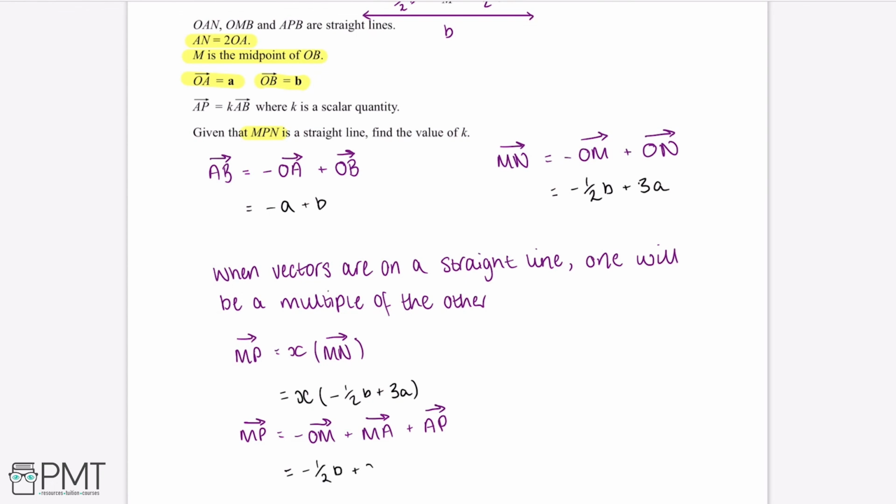Then MA is equal to a, and then AP is equal to k multiplied by AB. However, the first thing we did in this question was work out what AB was equal to, which is negative a plus b. So we can substitute this vector into this expression.